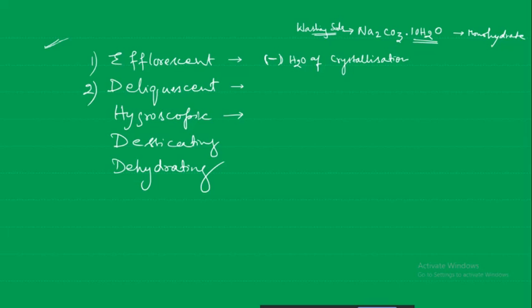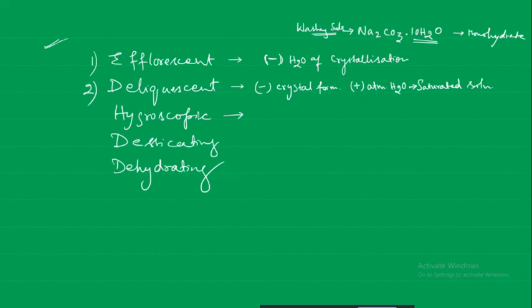So a deliquescent substance loses its crystal form, absorbs atmospheric moisture, and has to become a saturated solution.